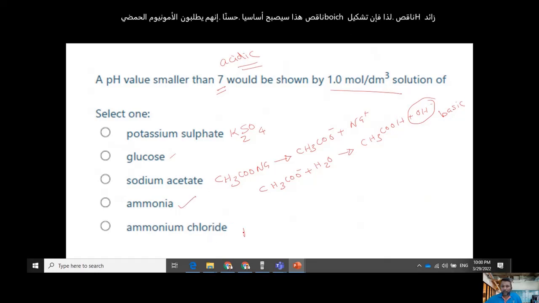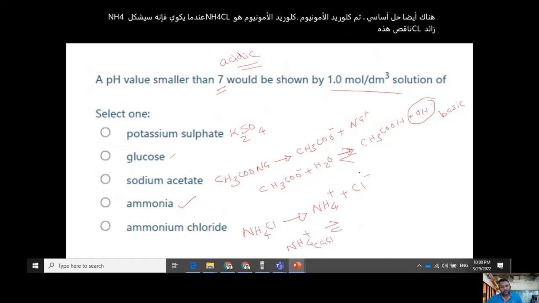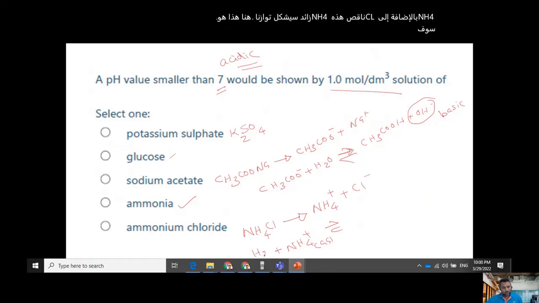Then ammonium chloride. Ammonium chloride is NH4Cl. When it ionizes, it will form NH4 plus plus Cl minus. These NH4 plus will form an equilibrium. Here, this is an equilibrium, a reversible reaction, that will form with H2O, that will form NH3 plus H3O plus.